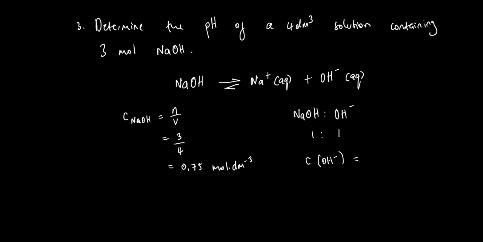Okay. So now that we have that, let's go to the formula for pH. Negative log the concentration of H3O plus. Yeah.